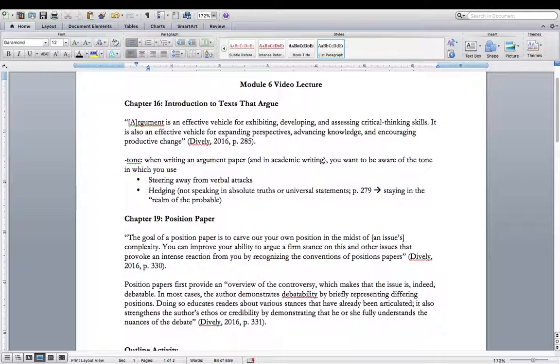But normally, in probably 99% of situations, you're not arguing for an absolute truth. You're not arguing for a universal statement. There is no answer to these things. It's kind of just like, what is the best argument?